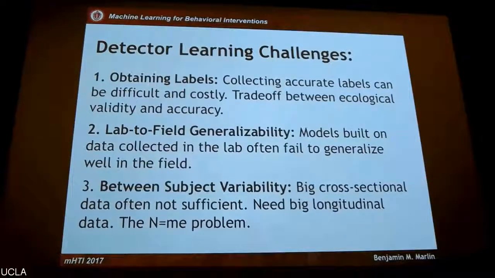In particular, for obtaining labels, there's an interesting problem that has to do with how temporally precise the event labels are that you can collect. If you're looking at smoking puffs, that event only lasts about 1 second. So if you have someone observe a subject smoking and they click a button on a smartphone every time the subject takes a puff, which is how the lab studies worked here, and you're off by 1 second, your labels are all wrong. After the smoking puff comes a non-puff, for the most part.